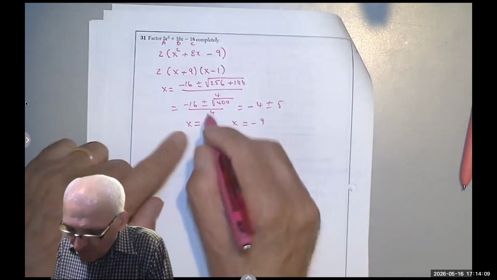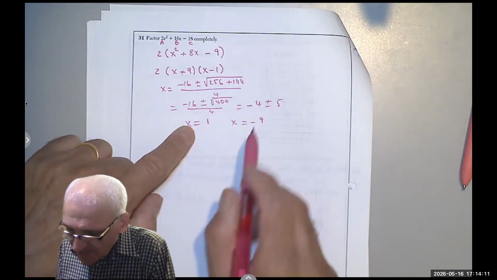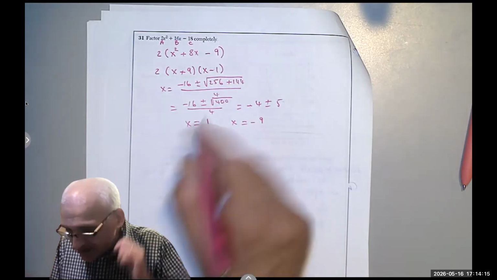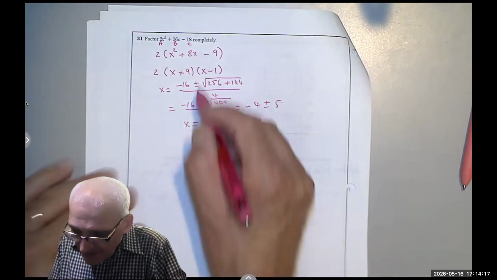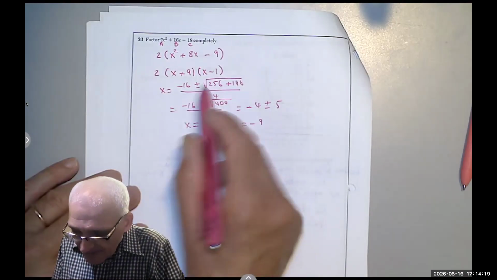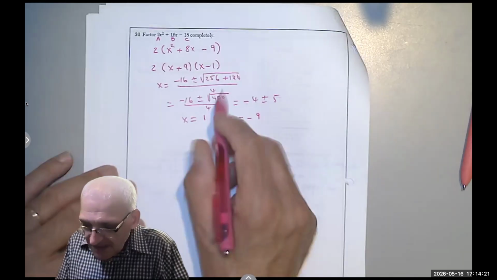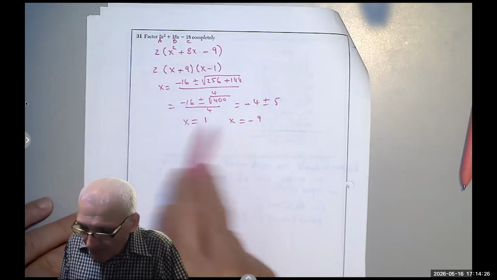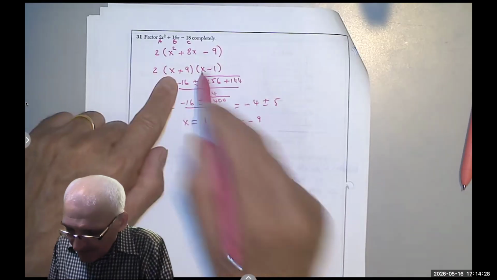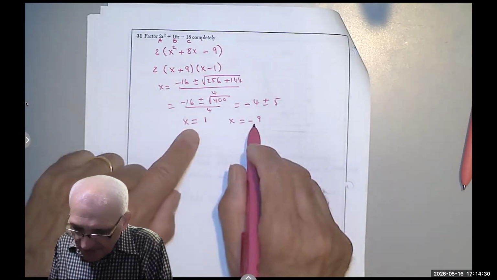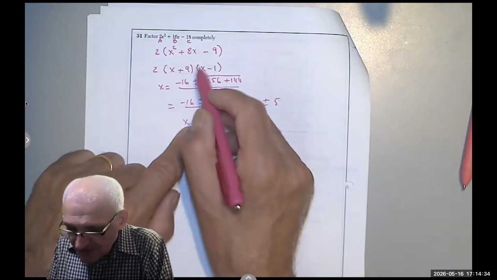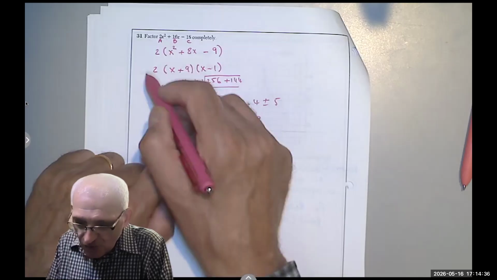So we have one factor x minus 1 and the other x plus 9. But notice, because you simplified by 4 here, you have to go back and say that when you multiply x plus 9 times x minus 1, the coefficient of x squared is 1, and here it's 2, so you have 2 outside.